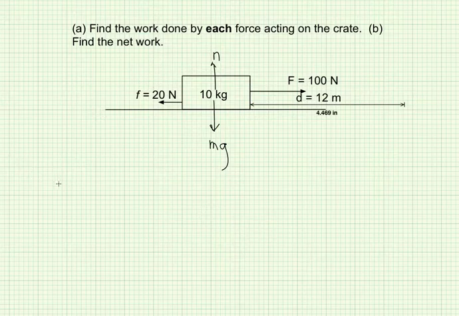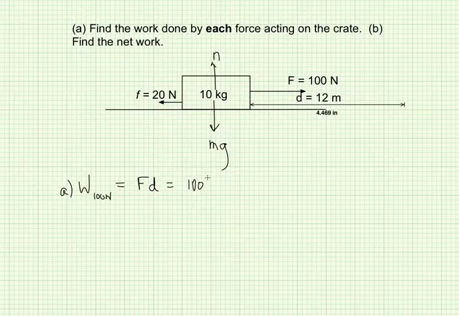Let's go ahead and start calculating this. So let's first find the work done by the 100 Newton force. Since I'm finding a total of 4 different works, I'm going to write a subscript so that I can keep track of which ones. Remember, it's just force times distance. The applied force is in the same direction as the displacement, so all I have to do is take 100 times 2, and that's going to give me 200 joules.